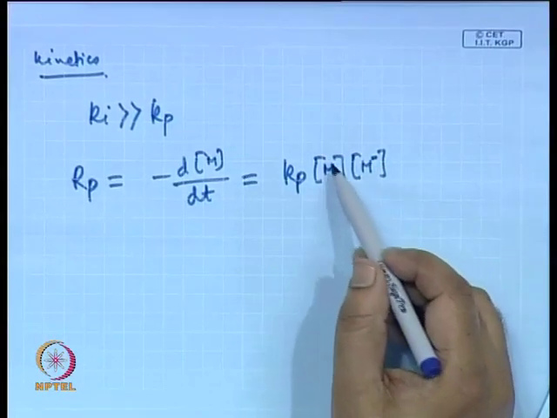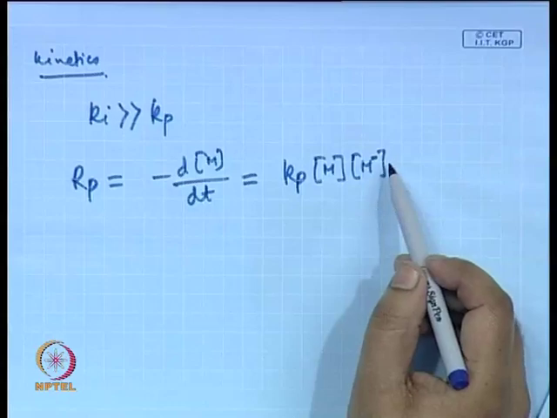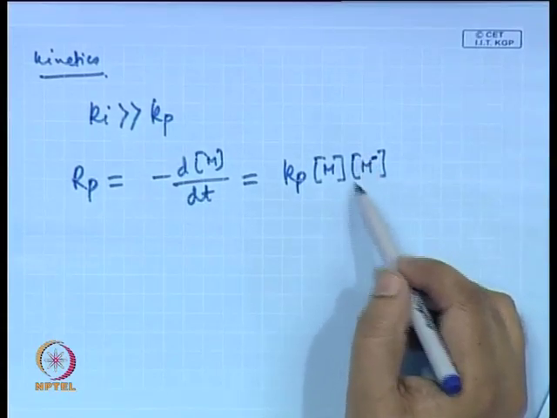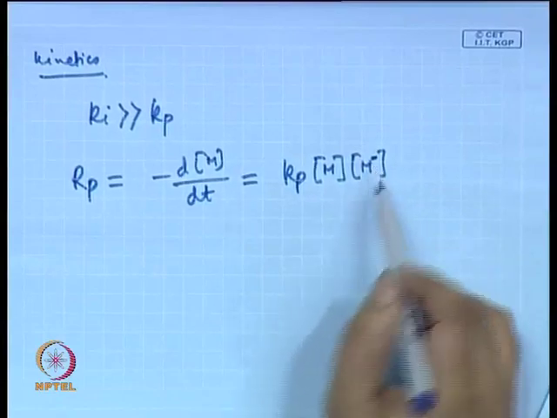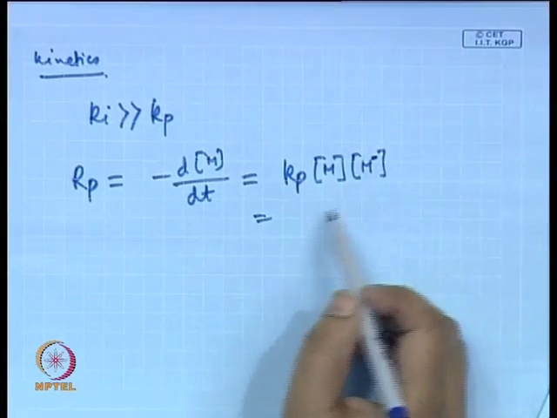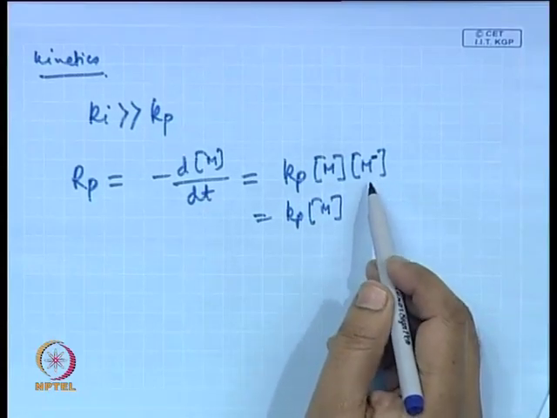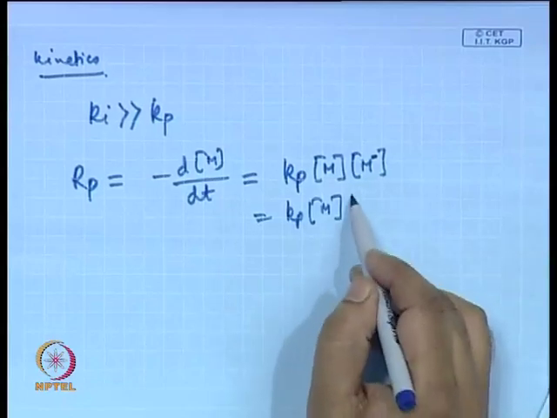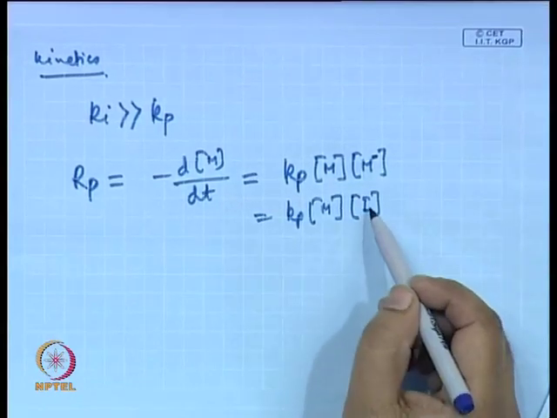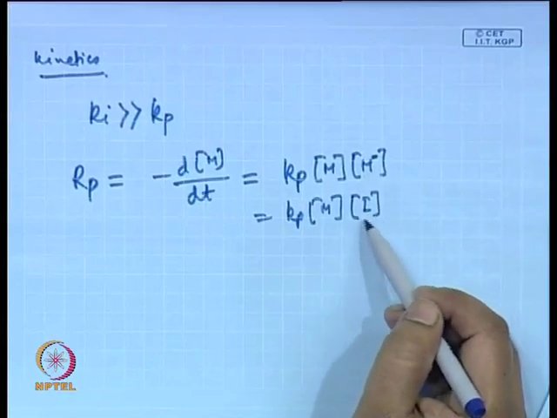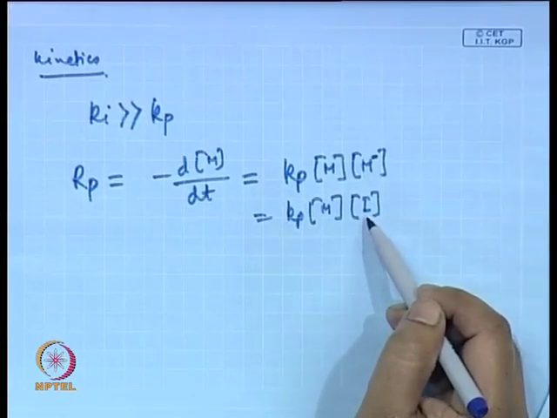So, you can write the monomer concentration and the concentration of all the anionic species present in the reaction medium. Now, what is A minus? The concentration of all the anionic species present in the reaction is the same as the initiator concentration, because as we discussed, each initiator actually initiates one chain. So, the concentration of the anions would be the same as the concentration of the initiator molecules.